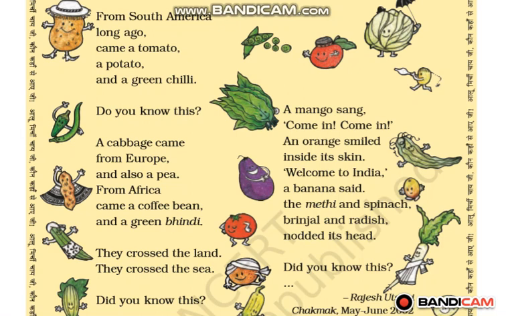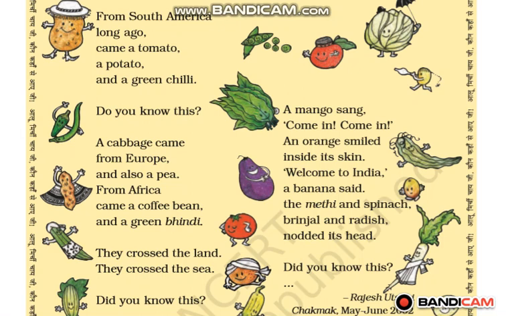This means that mango, orange, banana, methi, spinach, brinjal, radish, all these are native to India. These are foreigners: tomato, potato, chili, pea, cabbage, coffee bean and bhindi. They came from America, Europe and Africa.